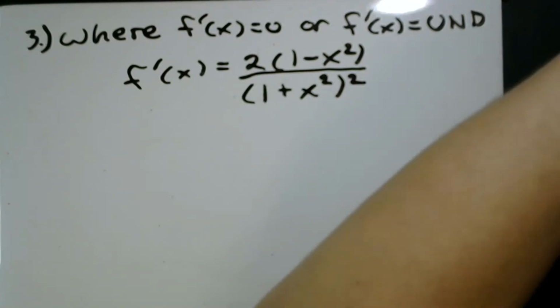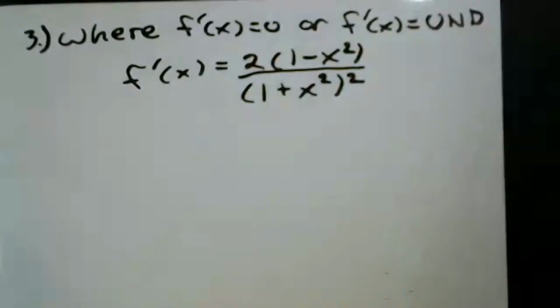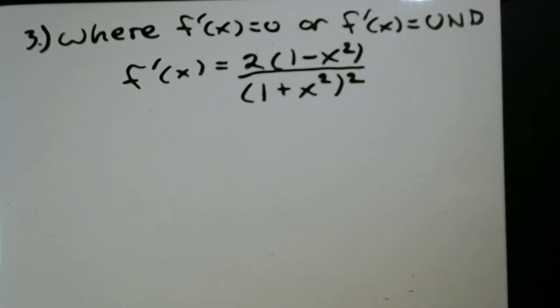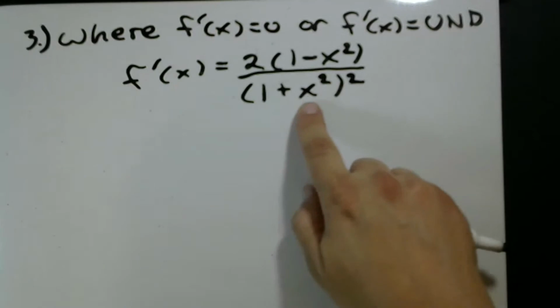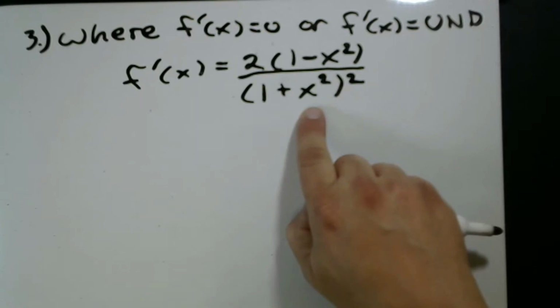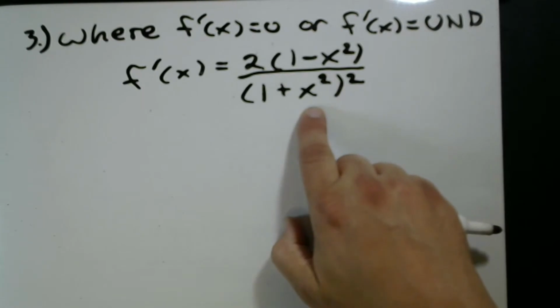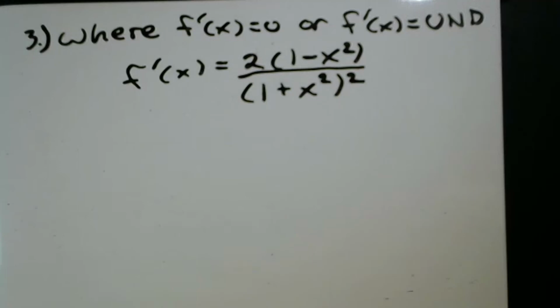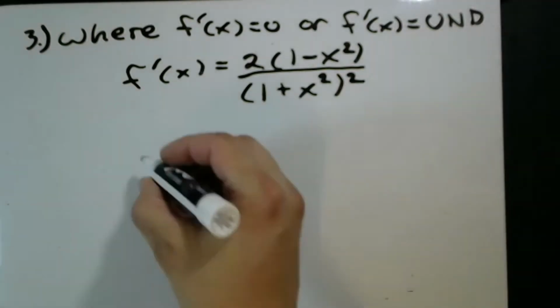So those aren't going to be an issue. Now, is there a possibility of division by 0? Well, we've got the same situation as before. Whatever x is, this only becomes 0 if x squared is -1. But there's no real number that we can square that would give us -1. So that means this will never become 0. So there is no value of x that makes this undefined.